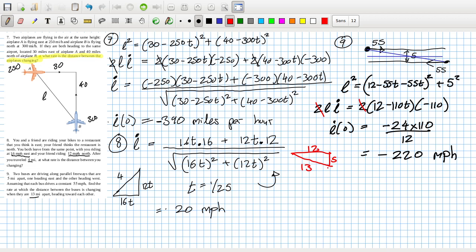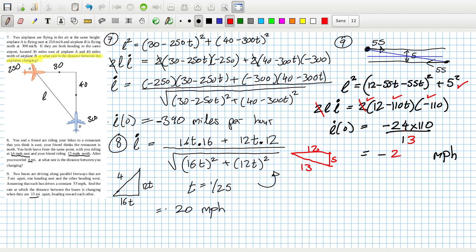And that distance, L squared, definitely has to stay constant, 5 squared. So it's 12 minus the distance each of the cars have traveled, which is 55t. And I bring down the power, reduce the power by 1, and multiply by the inside derivative. And then, oops, that should have said 13. There's my mistake.